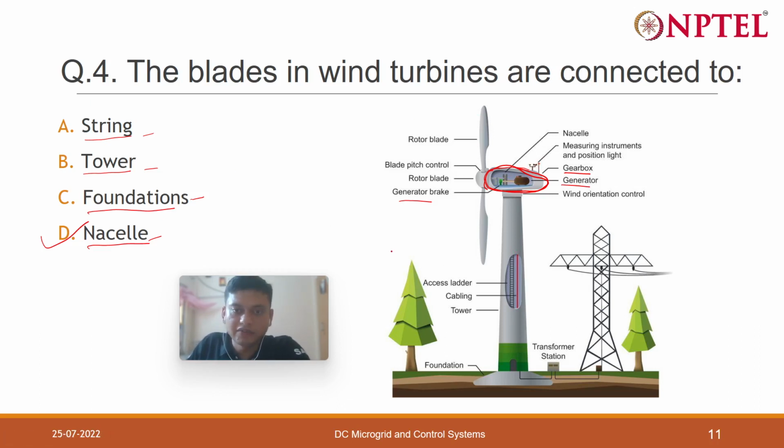And if you see this tower, mainly there are four types of tower. First one is tabular steel towers. In this figure, tabular steel tower is used.